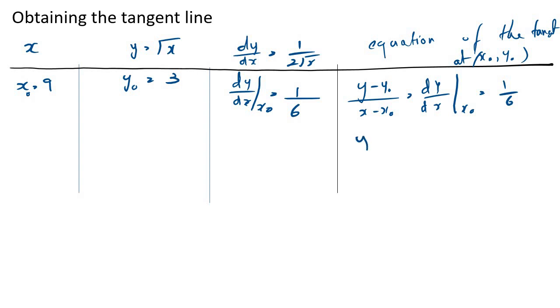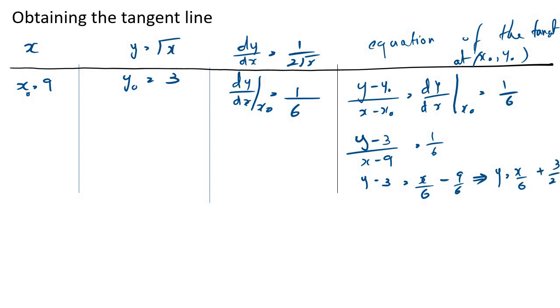So we have (y minus 3) over (x minus 9) equal to 1 over 6, and that is y minus 3 is equal to x over 6 minus 9 over 6, and that would give us y equals x over 6 plus 3 over 2. That is the equation of the tangent at x equals 9 and y equals 3.